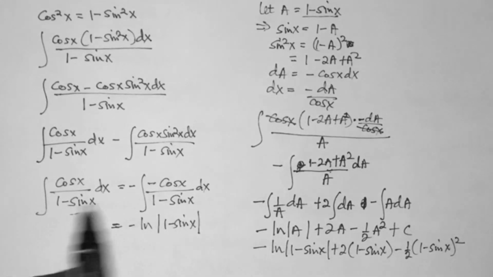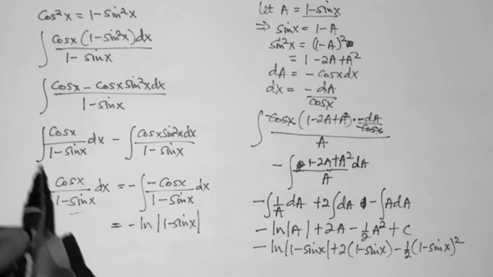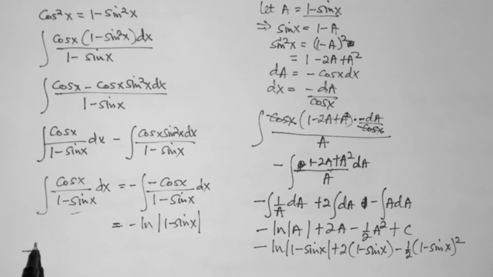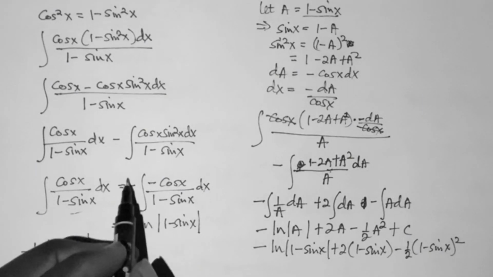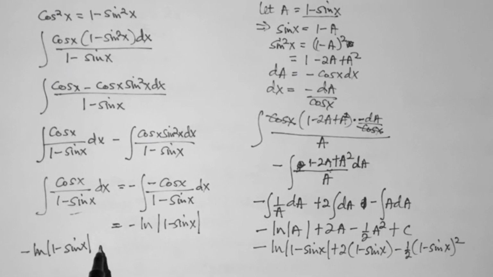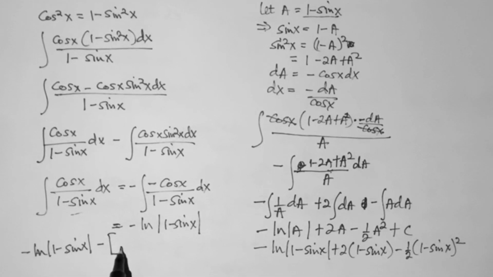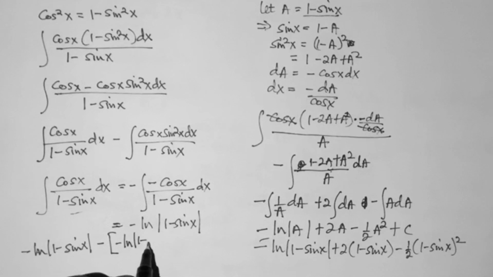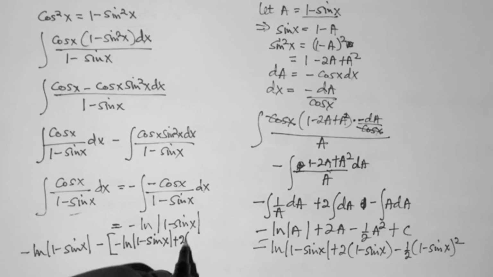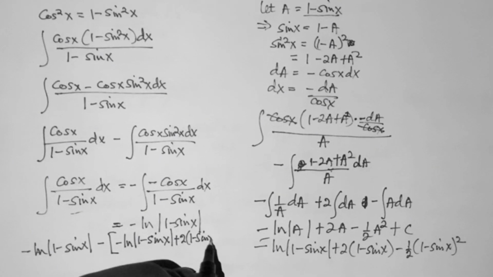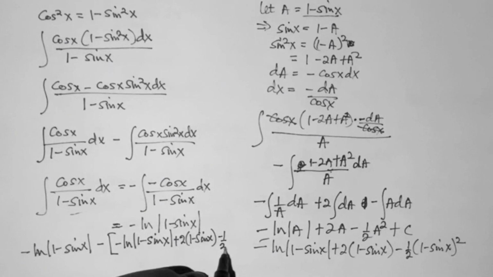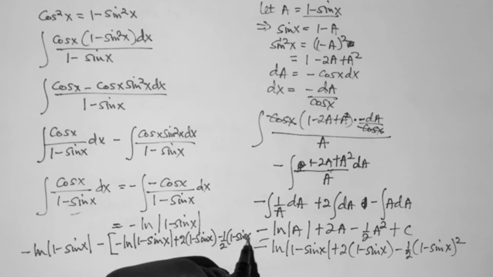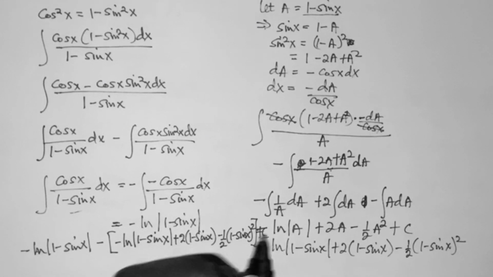So if we put it here, this part would give us minus natural log of 1 minus sine x, then minus, because there's a minus here, times minus all of this, natural log of 1 minus sine x, then plus 2 times 1 minus sine x, then minus half of 1 minus sine x all squared plus c.